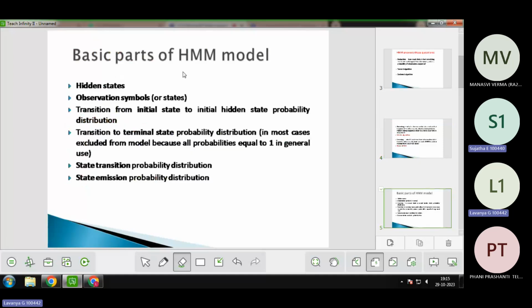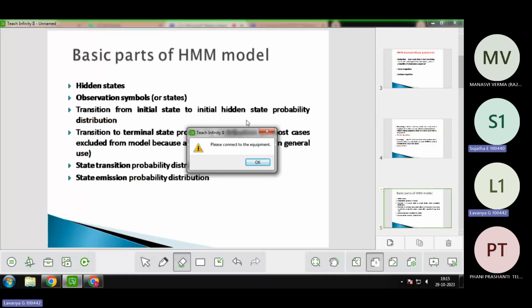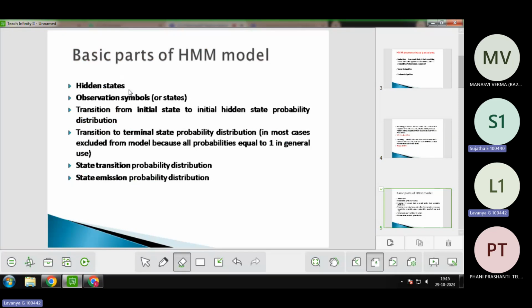Now, what are the basic parts of a hidden Markov model? Number one, hidden states. The observation states are the symbols. Then the initial hidden state probability distribution. Next, the transition to the terminal state probability distribution. What is the terminal state? In most cases, it is not discussed in a model because the probability is equal to 1 in general use, that is, the maximum value is 1.